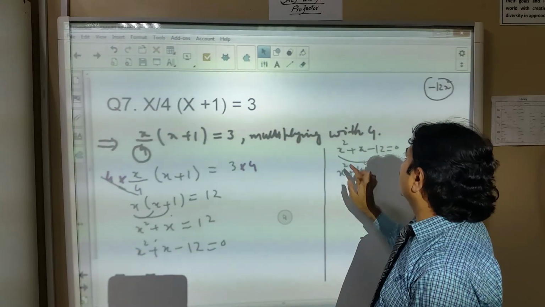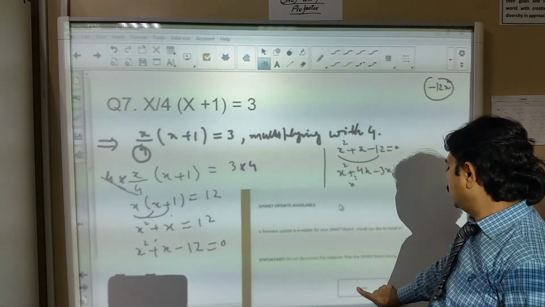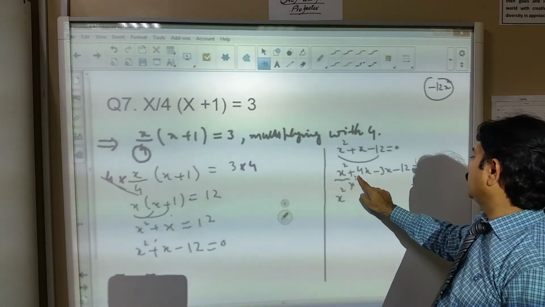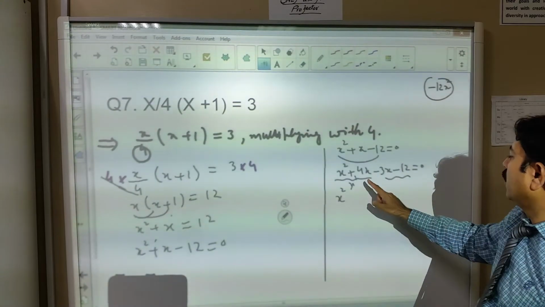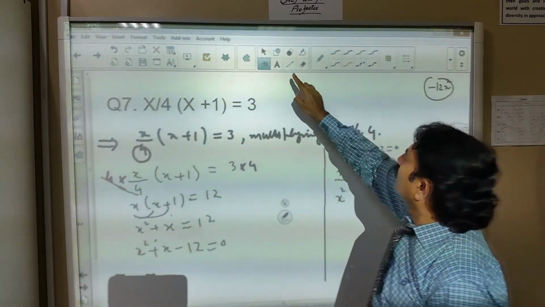So x square, take it from these two and from these two. From the first two, x is common: x square plus 4x.